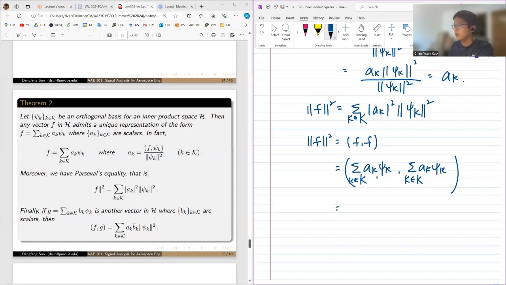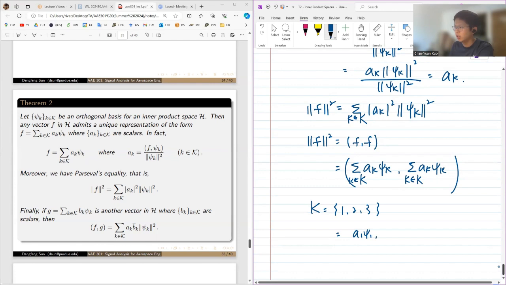Let's assume kappa equals 1, 2, and 3 for simplicity of the explanation. So we would have a1 psi 1 plus a2 psi 2 plus a3 psi 3, inner product with a1 psi 1 plus a2 psi 2 plus a3 psi 3.